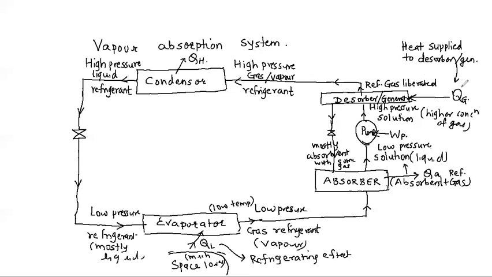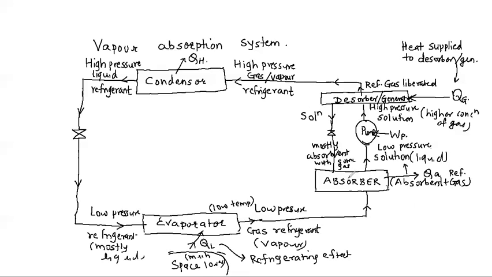Because you need to supply some external heat to the desorber, as a result of which the gas separates out, boils out and gets into the condenser. What is left is the solution which has less gas, and this solution would then be expanded back to the absorber pressure.